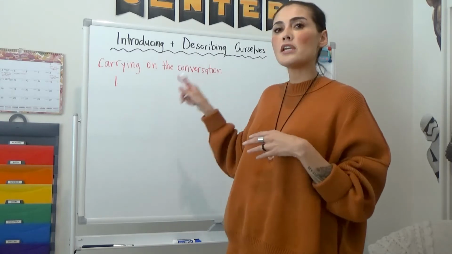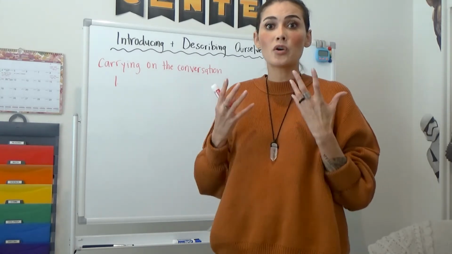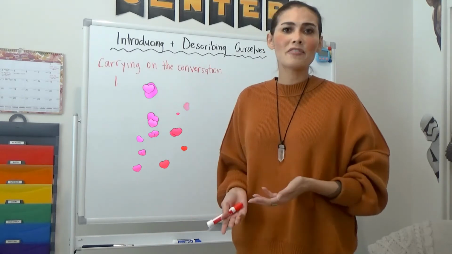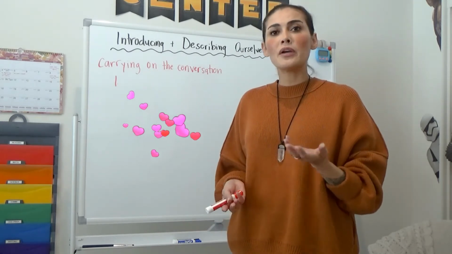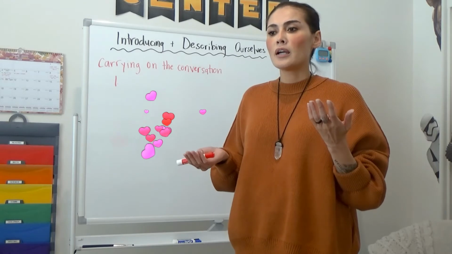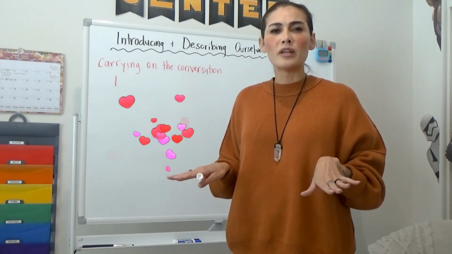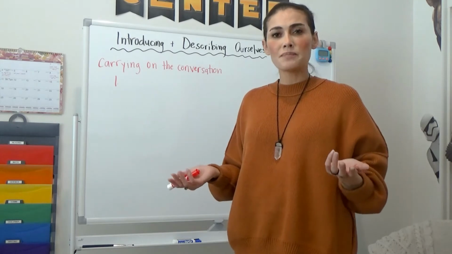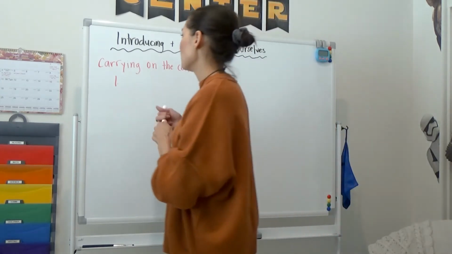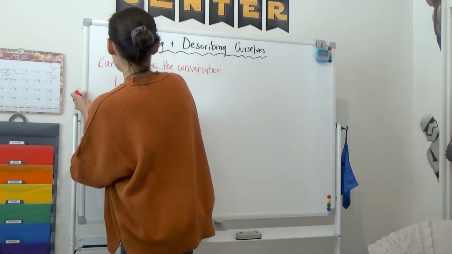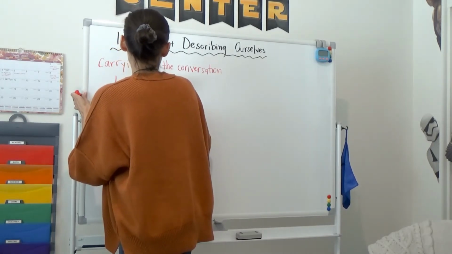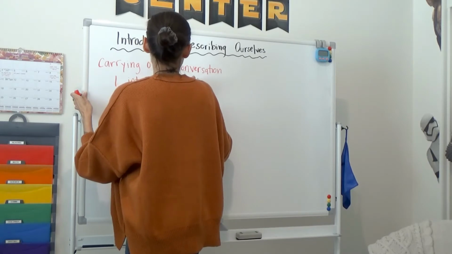How do we keep the conversation going? Because that's our goal. That is how you make deeper connections with people. That's how you make friends and get to know your peers better. And it helps provide the foundation for respect and a mutual friendship. So the first step, of course, is introducing yourself and your interest.